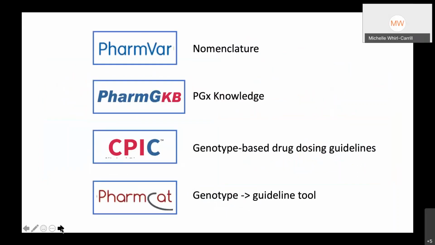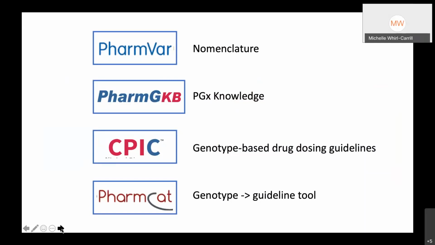So I'm going to just give you a brief overview and then go into each one of these resources. PharmVar is really a nomenclature resource. The primary goal of PharmVar is to catalog all the different pharmacogenomic alleles and pharmacogenes. They do a lot of other important stuff too, but that's the major goal of PharmVar.